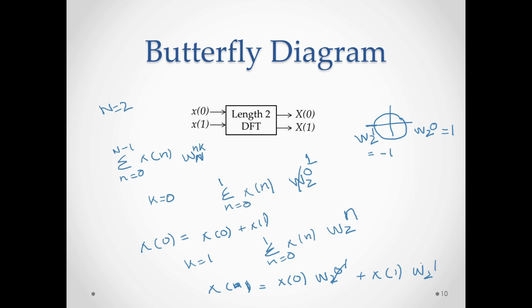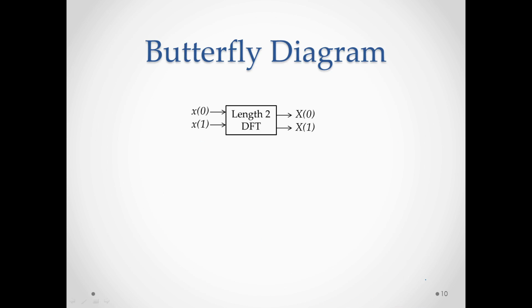This term was equal to 1 and this term was equal to minus 1. So our answer is equal to x of 0 minus x of 1. By this, we can see that our 2-point DFT is extremely simple. Our X0 term is equal to x0 plus x1, whereas our X1 term is equal to x0 minus x1.